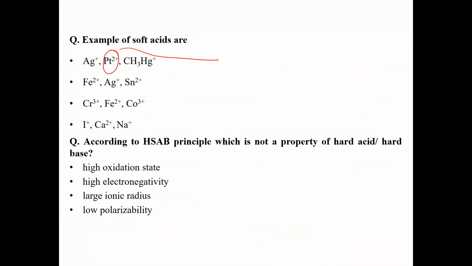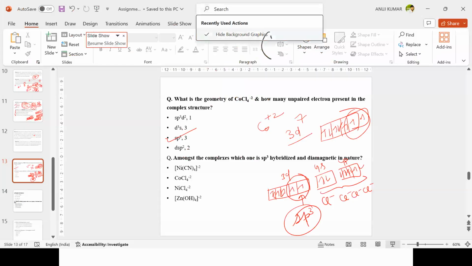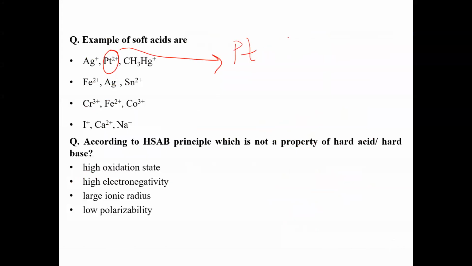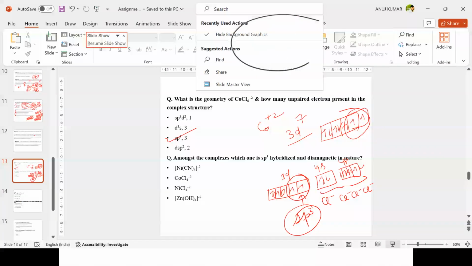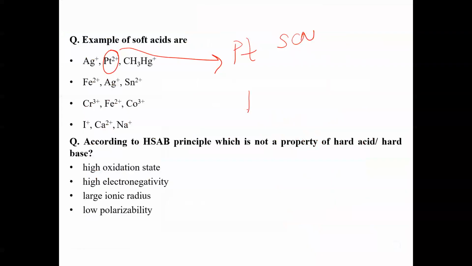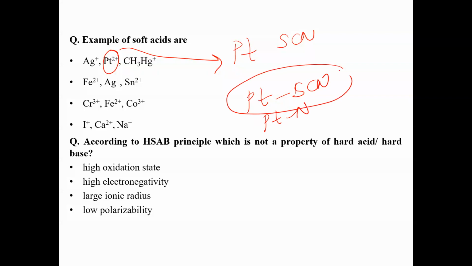In theory classes, you have understood that in complexes formed by platinum with the thiocyanate ligand, platinum is found to make a bond with sulfur, not nitrogen. So it indicates that sulfur is a soft base, and it can be concluded that platinum in plus 2 oxidation state is a soft acid.